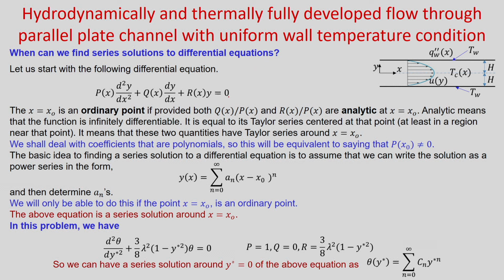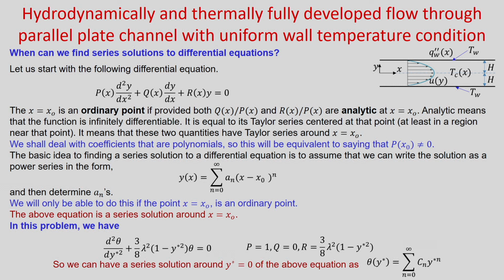Let us consider this second order differential equation: p(x) d2y/dx square plus q(x) dy/dx plus r(x) y is equal to 0. We are just checking when we can use the series solution.